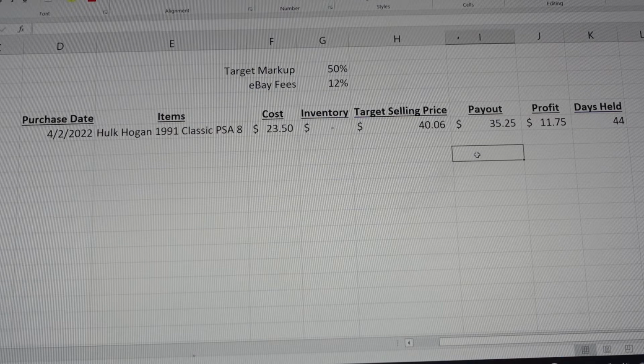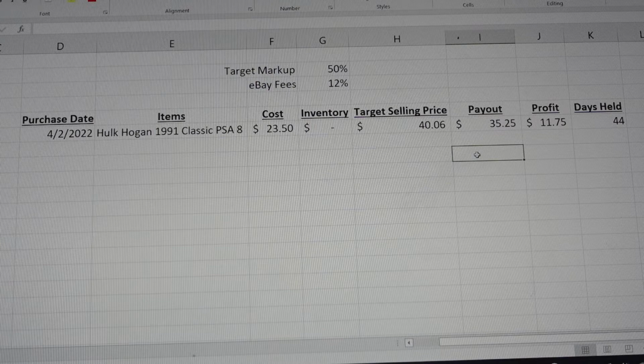And as we get further into these financial metrics, if I make more of these videos, I will show you how to evaluate if 44 days of $23.50 inventory is good or bad, or what's the return on that investment. In other words, the way to think of it is you say, I spent $23.50 on this wrestling card.